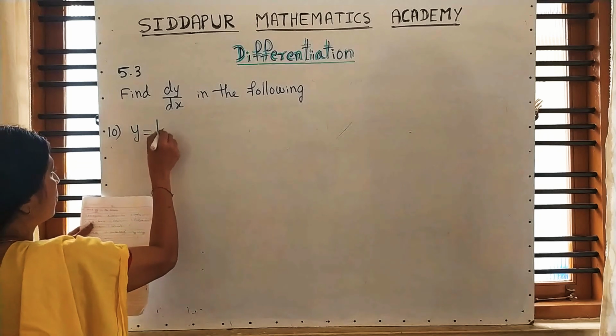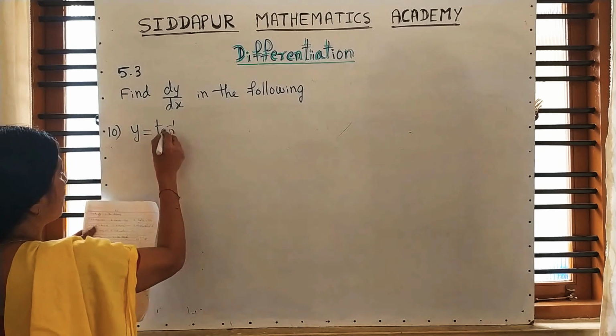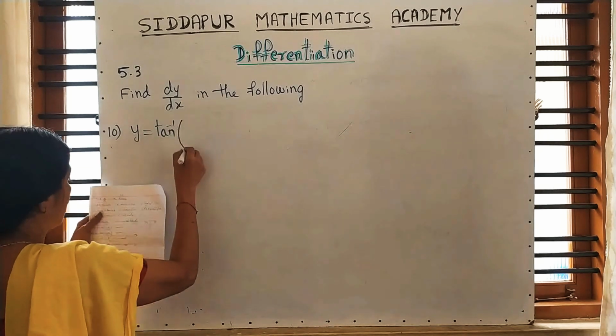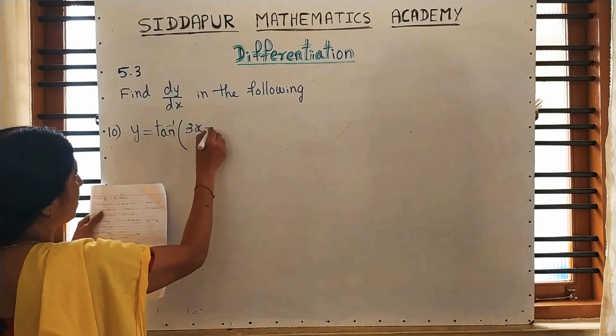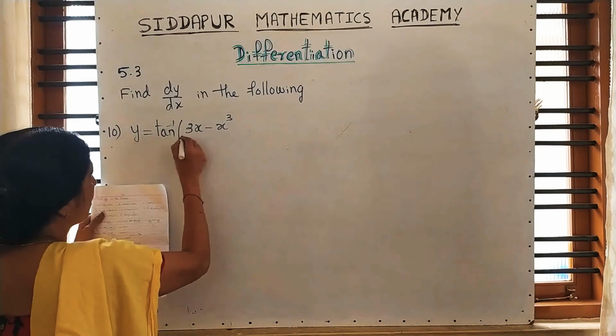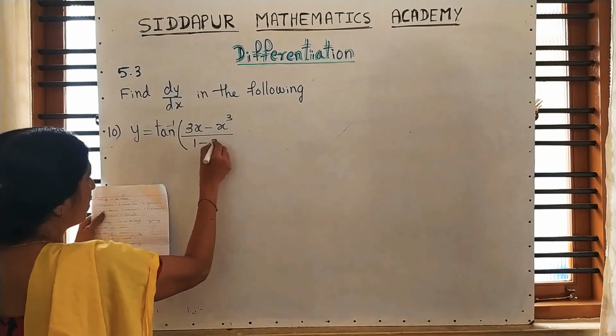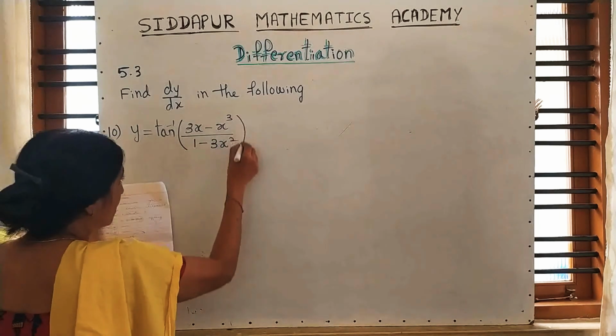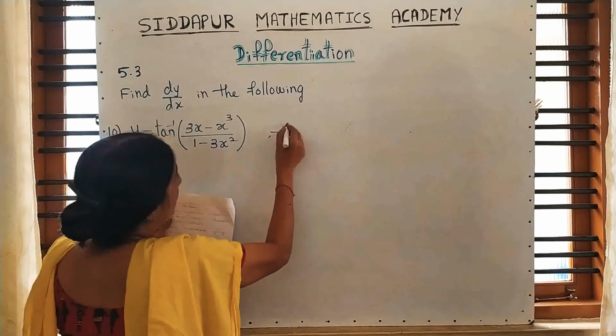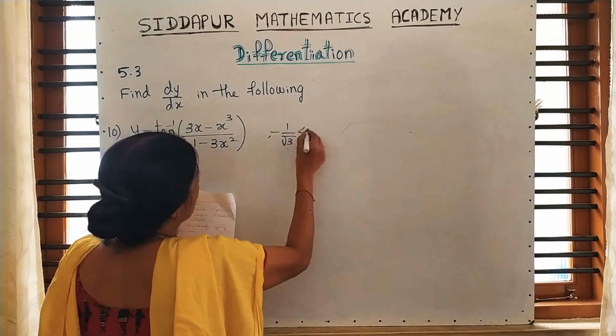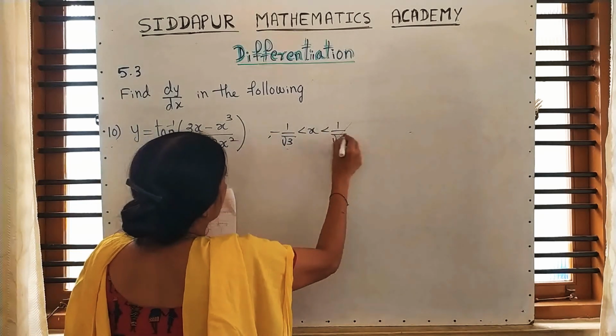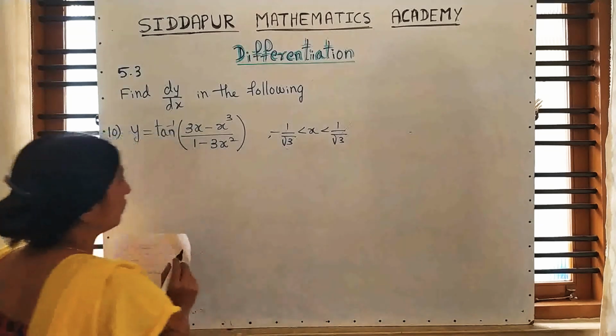Y is equal to tan inverse of (3x minus x cube) upon (1 minus 3x square), if it is lying between minus 1 by root 3 to plus 1 by root 3.